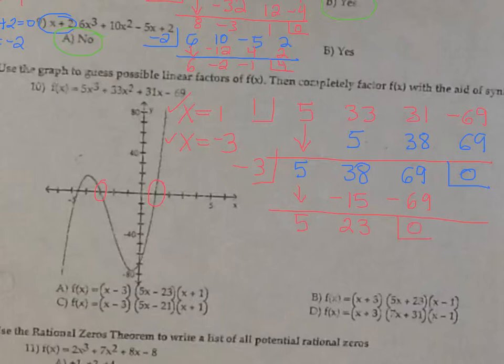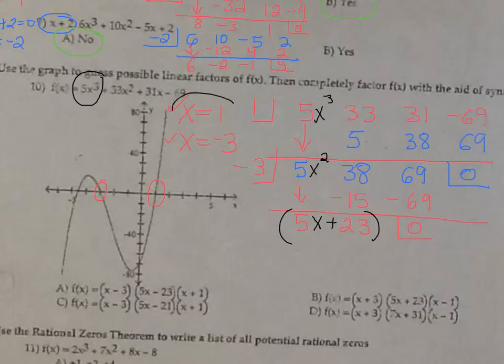Okay? Now, what you need to keep in mind is that the leading term was 5x to the third power. Then the first answer was x to the second power. So our answer here should be with an x to the first power. So notice that this is a factor that was missing.